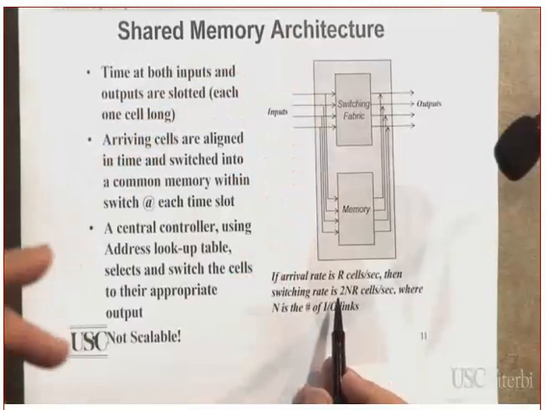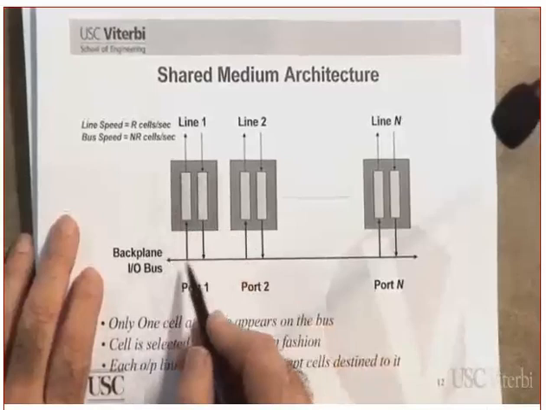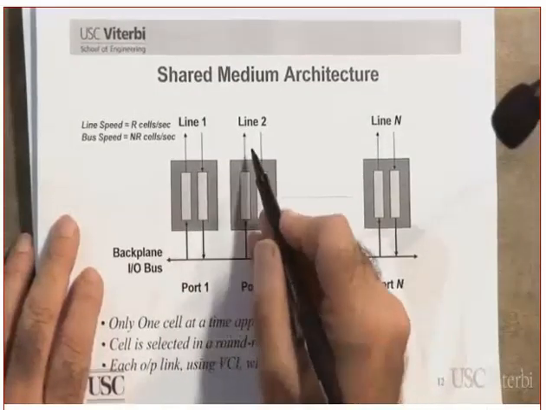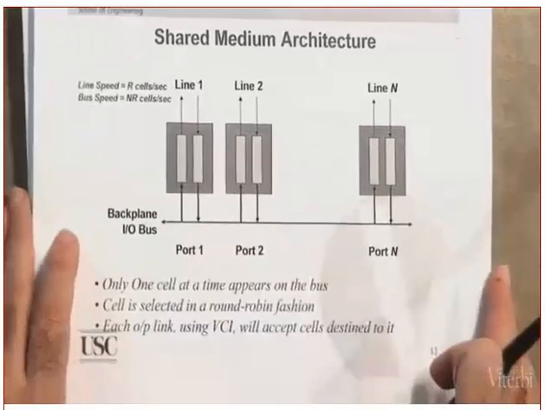In the case of shared media, they are sharing a high-speed bus. All the lines are sharing. So as soon as you write into the bus, the destination will receive it. You don't need 2 cycles. It's just 1 cycle. So the bus speed has to be NR. Remember, at any instant of time, only one line can put traffic on the bus.